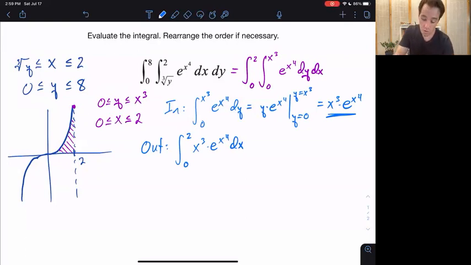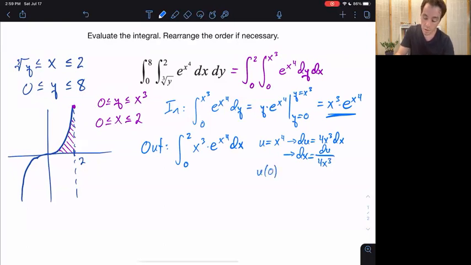Let's do it by substitution. U can be x to the fourth, meaning that du is going to be 4x to the third dx. Isolating dx, we get that dx equals du over 4x to the third. Moreover, u of 0 is 0, and u of 2, if you raise 2 to the fourth power, that's 16.